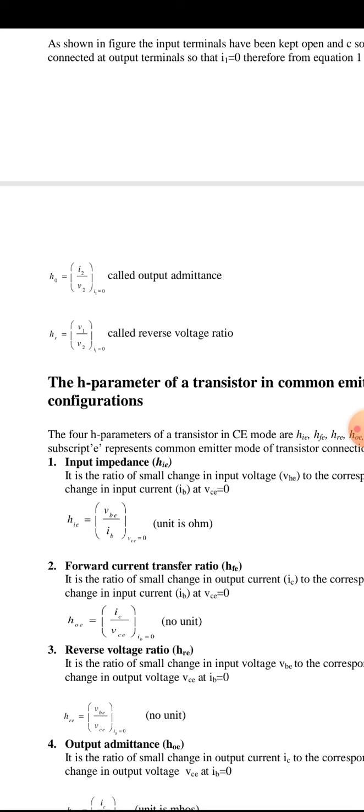Now write it as an equation: HIE is equal to VBE upon IB, under the condition that the output voltage is 0. The output voltage in common emitter is the voltage between the collector and emitter, denoted by VCE, and it is equal to 0.